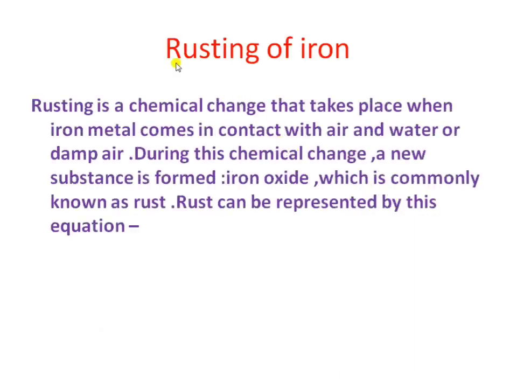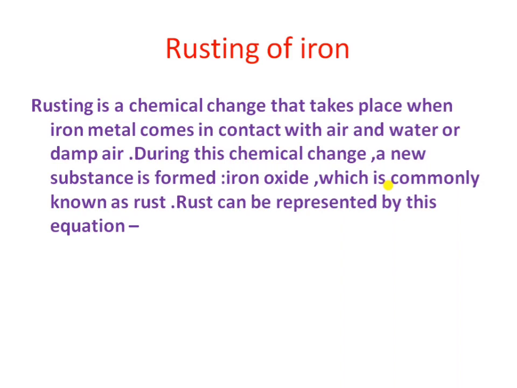Moving on to the second topic of this lecture, rusting of iron. Rusting is a chemical change that takes place when iron metal comes in contact with air and water, or we can say damp air. During this chemical change, a new substance is formed, iron oxide, which is commonly known as rust.